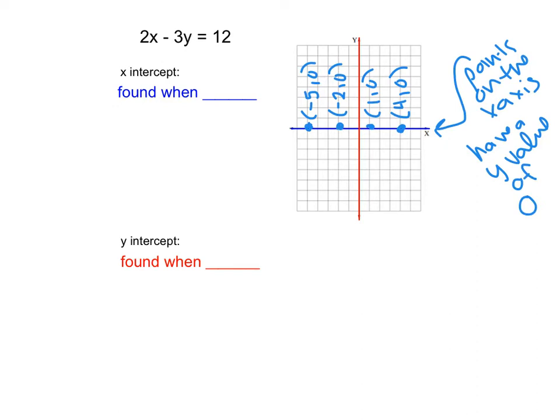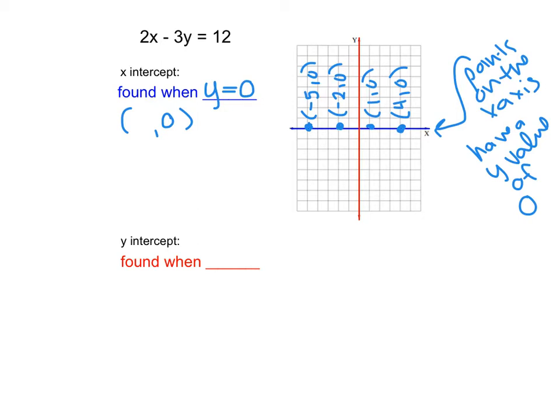The x-intercept point is where we cross the x-axis, and every point on the x-axis has a y value of 0. So what that tells us is that the x-intercept point of a graph is found when y is equal to 0. Our x-intercept point is a coordinate point, and in that coordinate point we know that y is going to be 0. That's what we know about the x-intercept point.